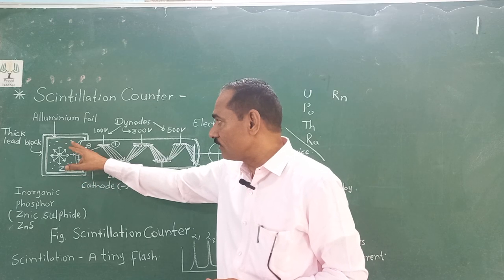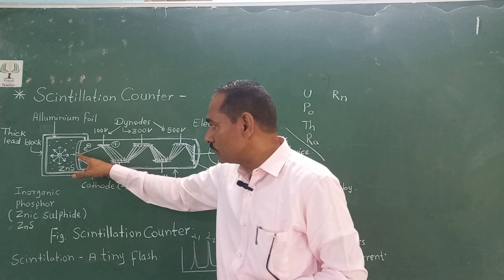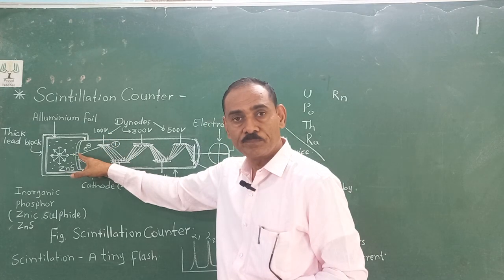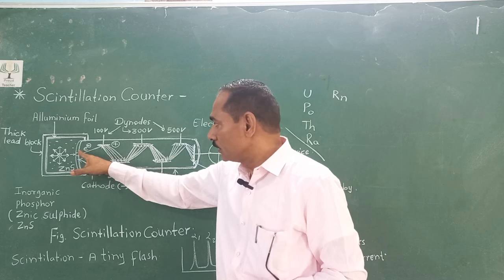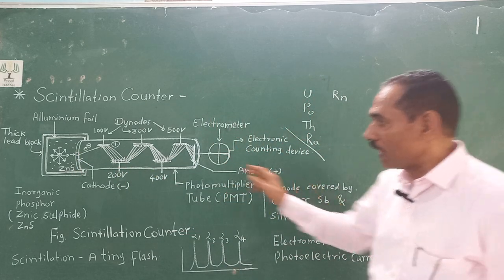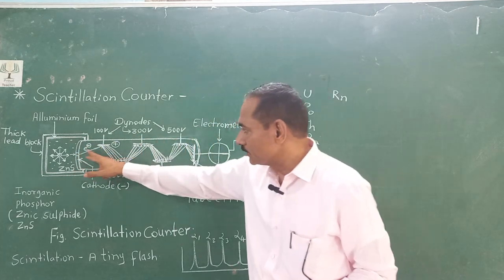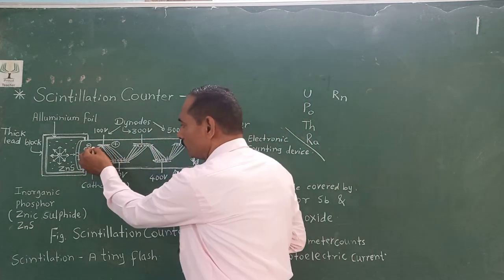That tiny flash gets collected and enters this window here. Here is also a little coating of cesium and antimony, which emits a single electron. That electron is the first electron.